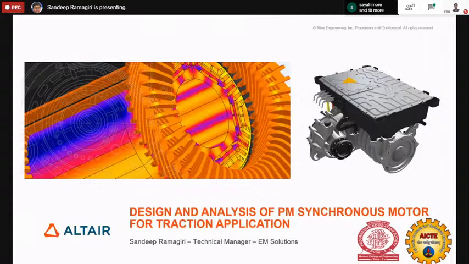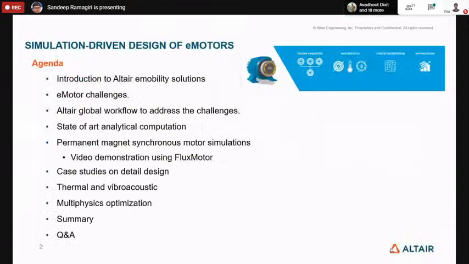Let me start with the agenda. In my presentation, I will start with the introduction of Altair and Altair e-mobility solutions. First I will talk about the e-motor challenges. Before designing any product, we need to understand what the challenges are in designing a motor which goes into an electrical vehicle application.